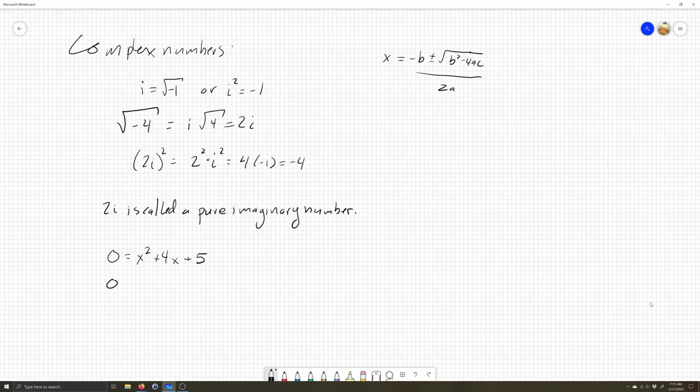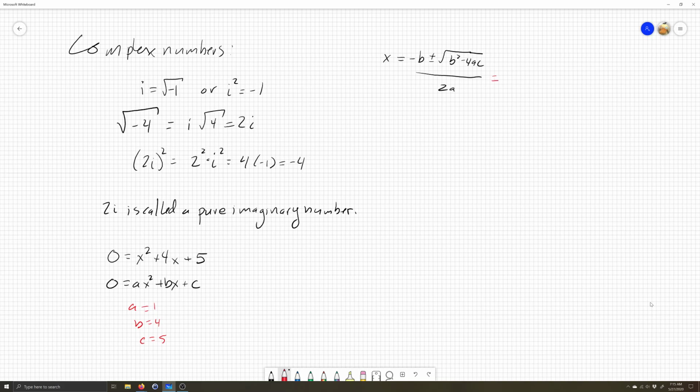And if you remember, the trick here is you think of this as having the form ax squared plus bx plus c. So then, reading off this, you get a is 1, b is 4, c is 5, and we're going to plug it into here.